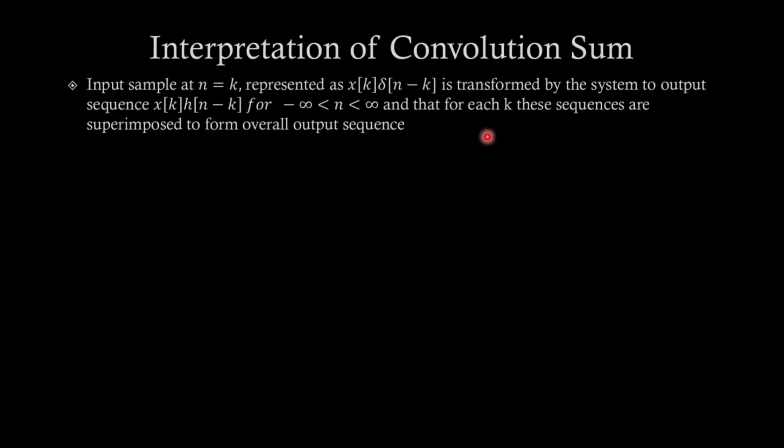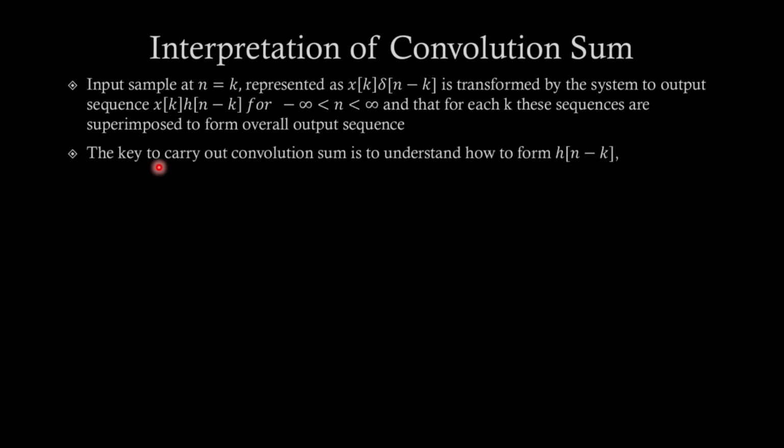For each k these sequences are superimposed to form the overall output of the system. The superposition is represented by that summation. So the key to carrying out the convolution sum is to understand how to form h[n minus k].